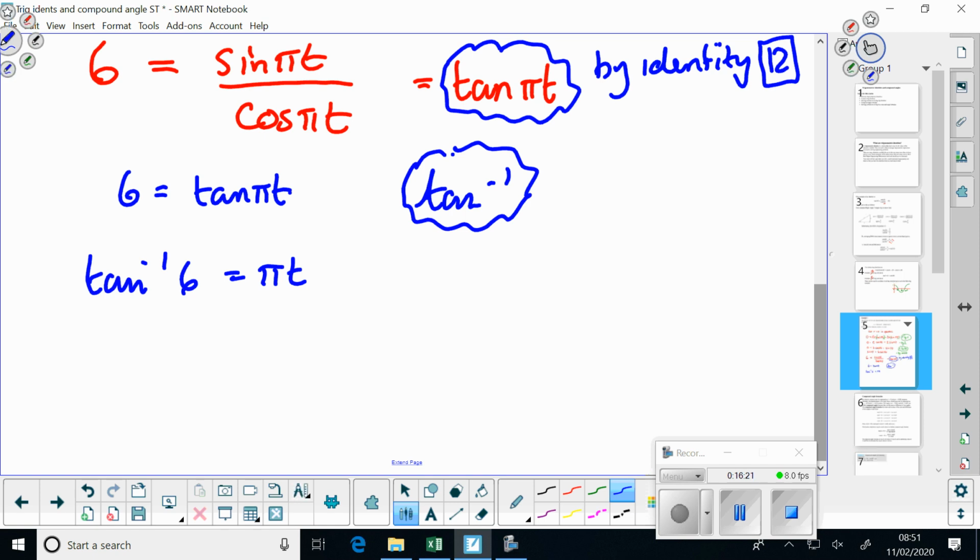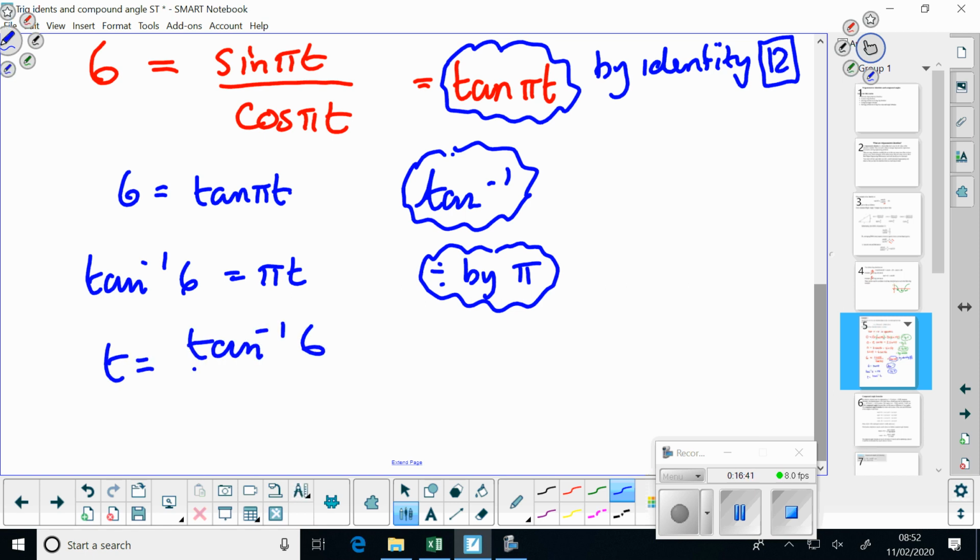Then we do what we want to find what t is. I believe if you try that on your calculator, do just check, 0.447.